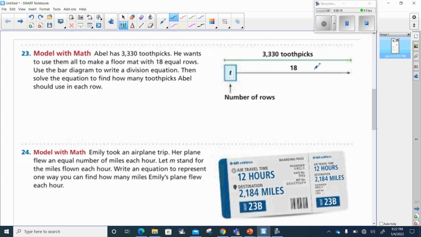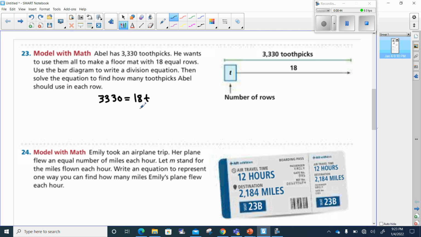Use a bar diagram to write a division equation and then solve the equation to find how many toothpicks Abel used. Well, this tells me that I have 3,330 toothpicks. We're going to equal 18 T's.